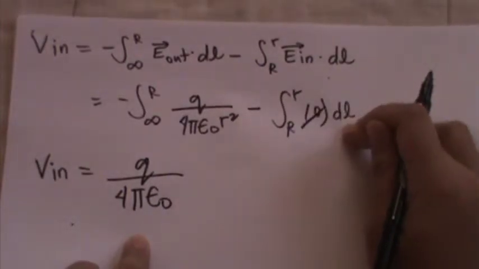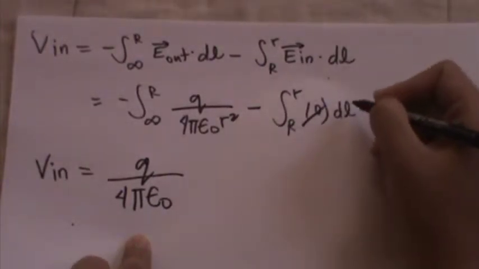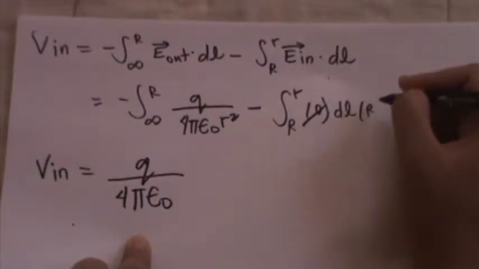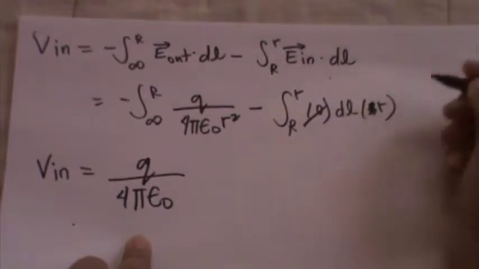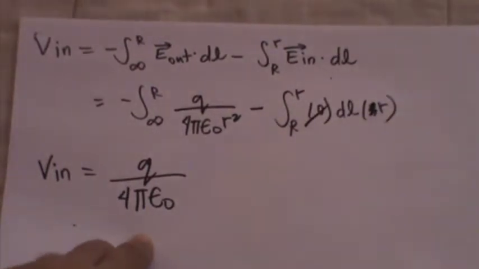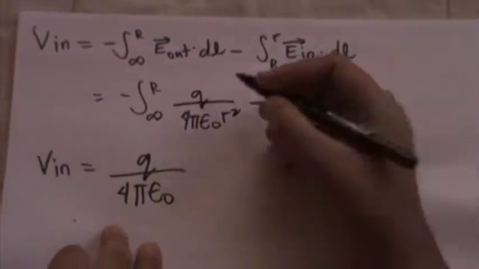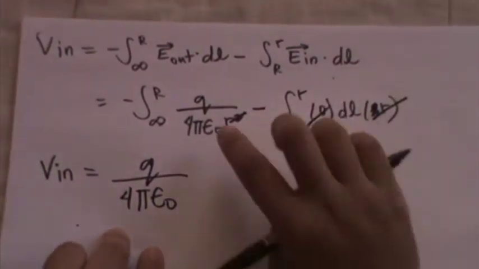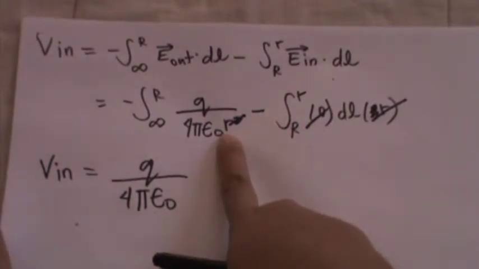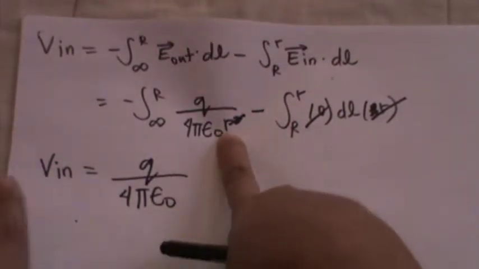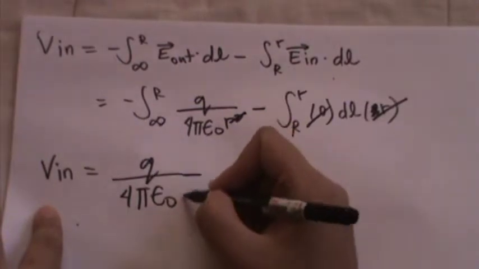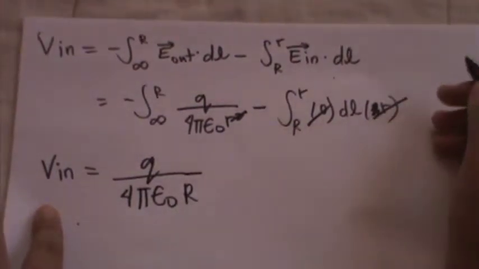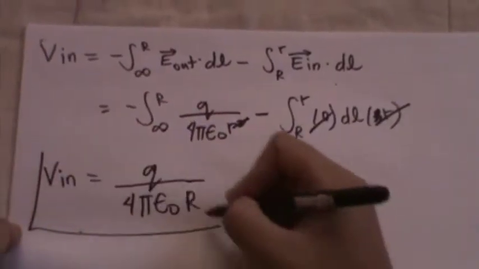So dl can be changed from L to R, and if you cancel this out, as well as this one, R can be changed into a bigger R. So we arrive at this one, and this will be your potential.